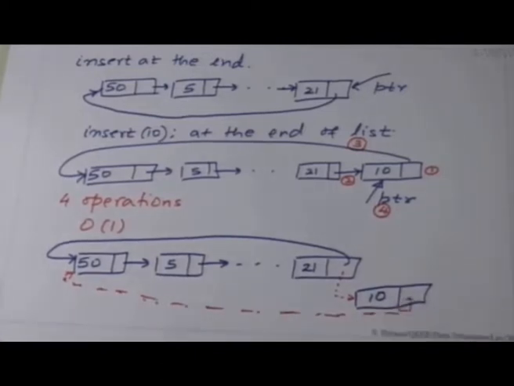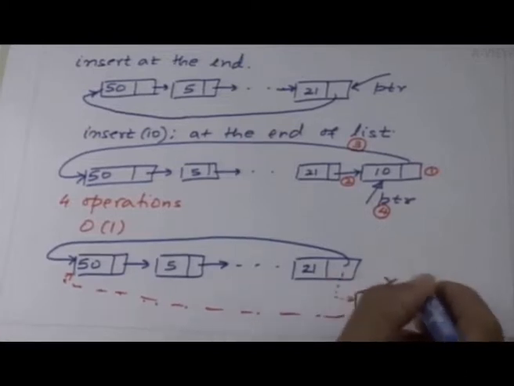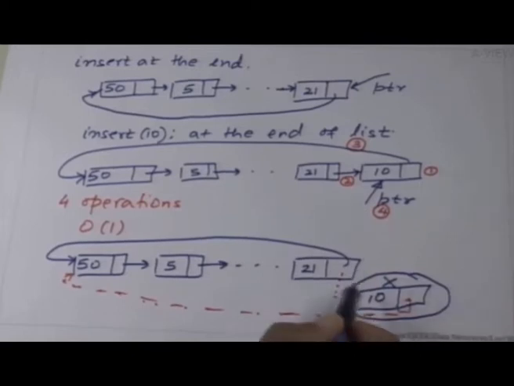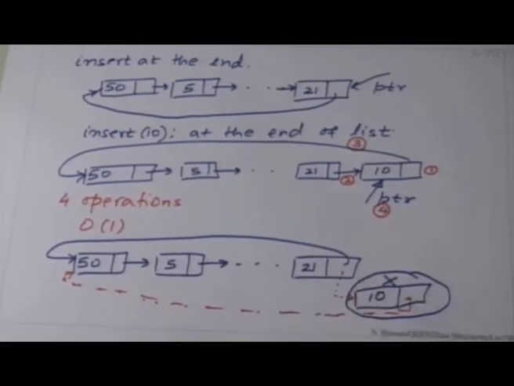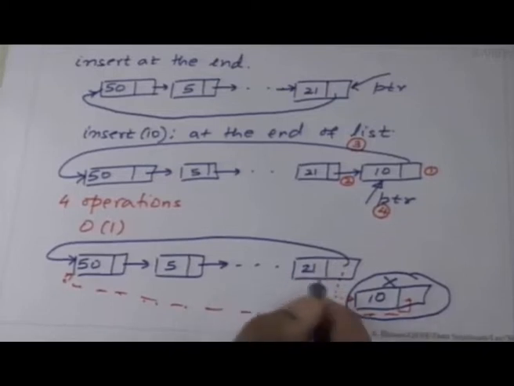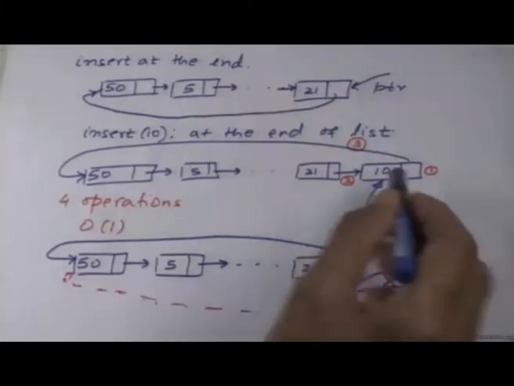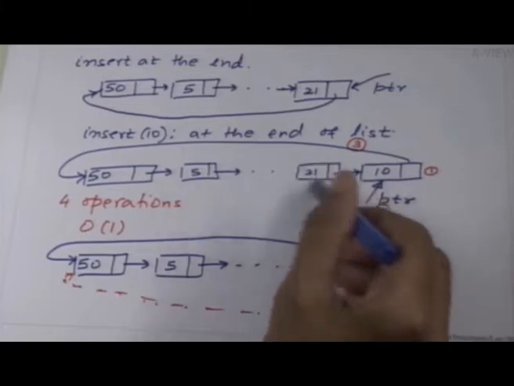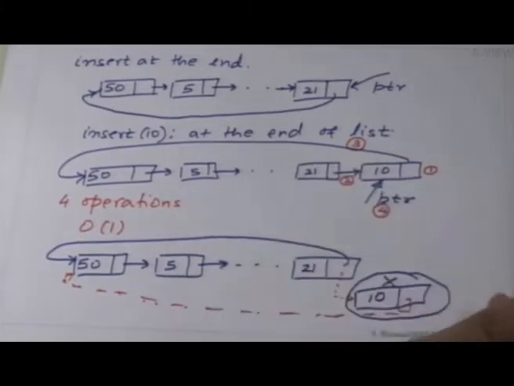So why is the operation not a cheap operation? The problem is this. In order to delete the element 10, which is what we are trying to do, we need to know who is the predecessor element of 10. So I need to know this box which has the value 21. But observe, there is no connection in the previous picture. When I give you the pointer 10, you cannot get the pointer of 21, the address of 21.